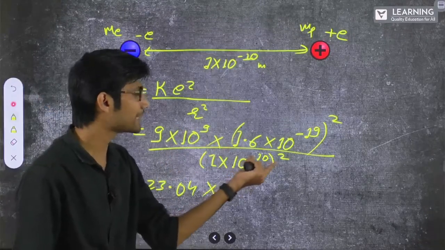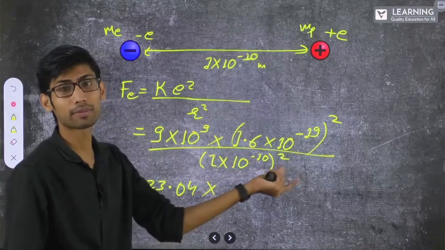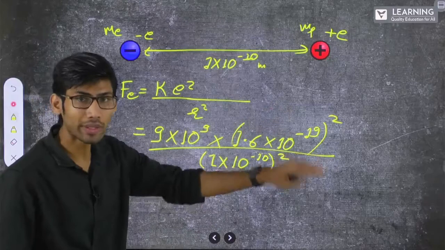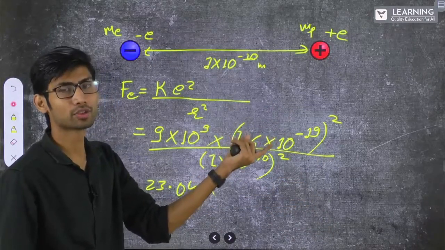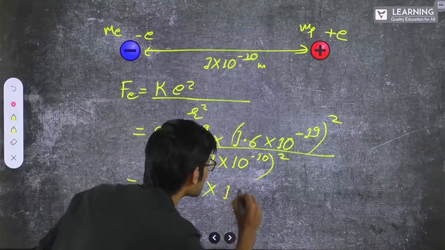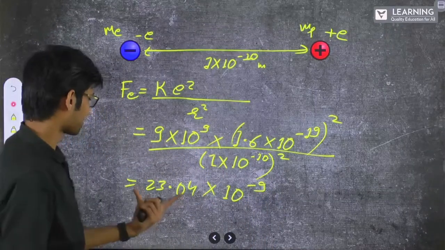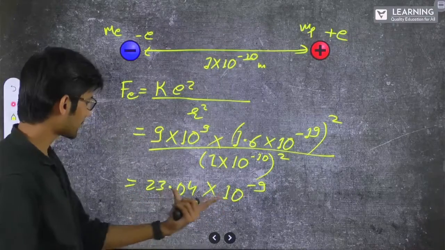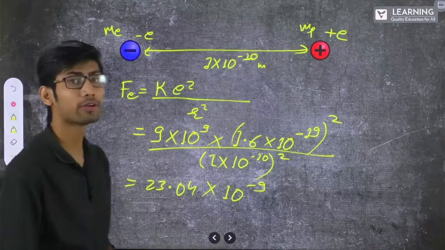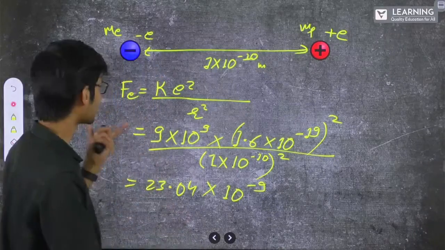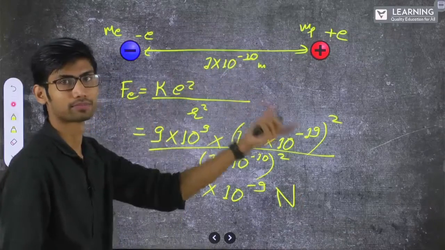And 10 power minus 10 whole square is 10 power minus 20. Above 10 power minus 29 and below 10 power minus 20, so this will be 10 power minus 9. Correct? 23.04 into 10 power minus 9 Newton is the force on each of them.